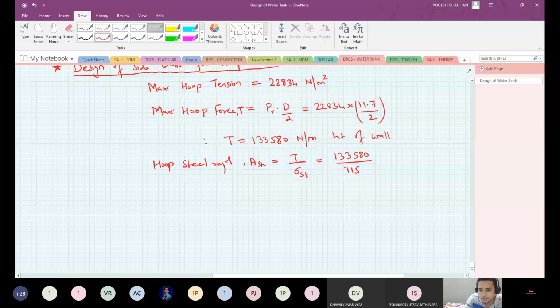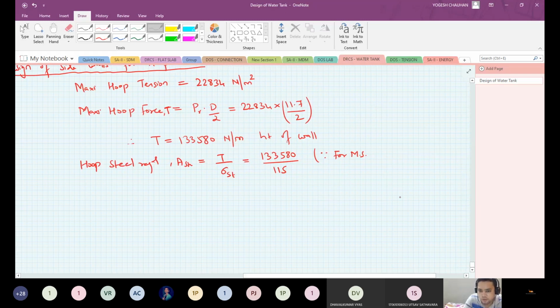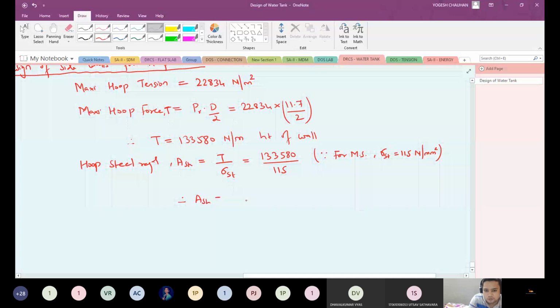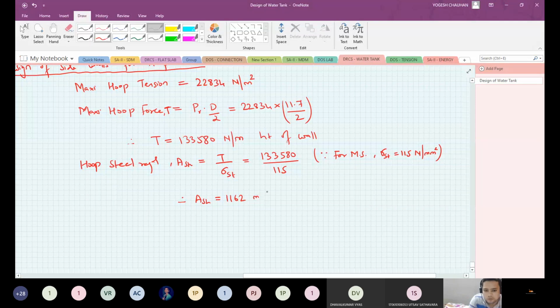Okay, because for mild steel sigma ST is equal to 115 Newton per mm square. So you will get ASH, that is the hoop steel. ASH is equal to 1162 mm square.